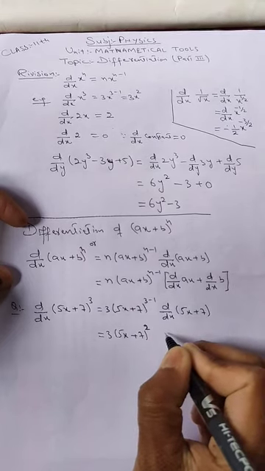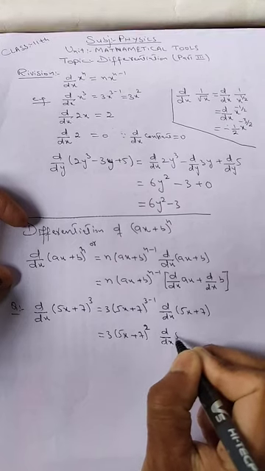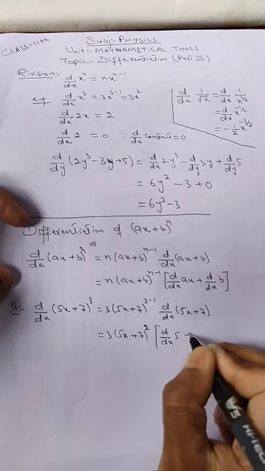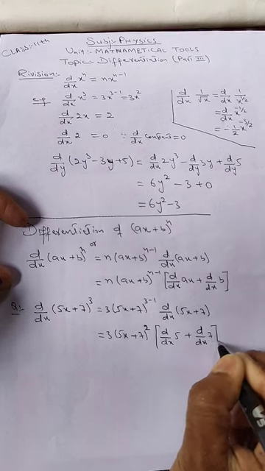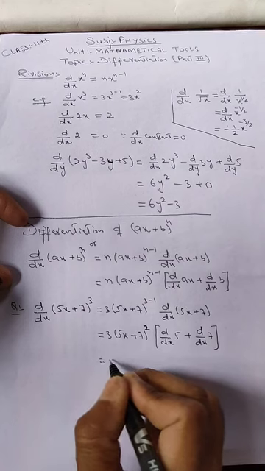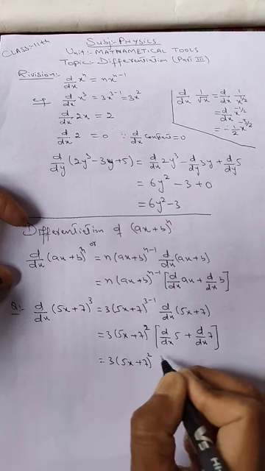Differentiate this and this separately. So the differentiation will be d over dx of 5x plus d over dx of 7. So it will be 3 into (5x + 7) raised to power 2.